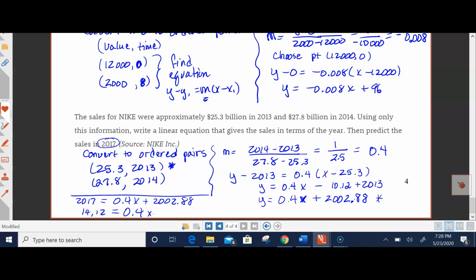If I take the 14.12 and divide it by the 0.4, the estimated sales in 2017 for Nike would be, we get x equal 35.3. So we would estimate Nike sales to be 35.3 in the year 2017.